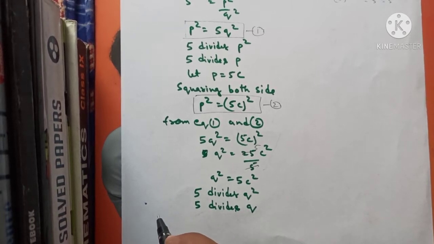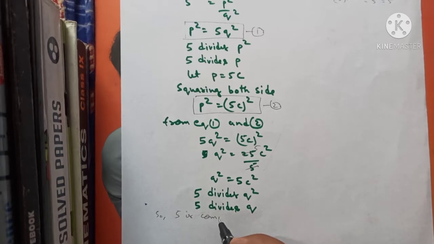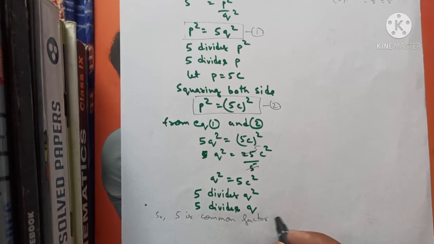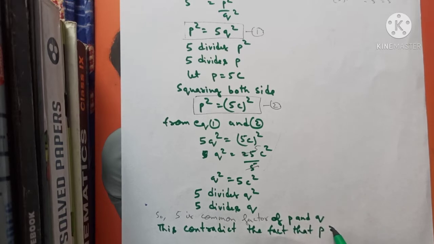So this shows that 5 is a common factor of p and q. That means this contradicts the fact that p and q are co-prime.